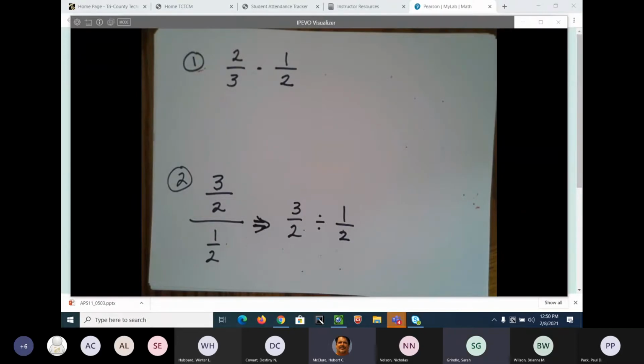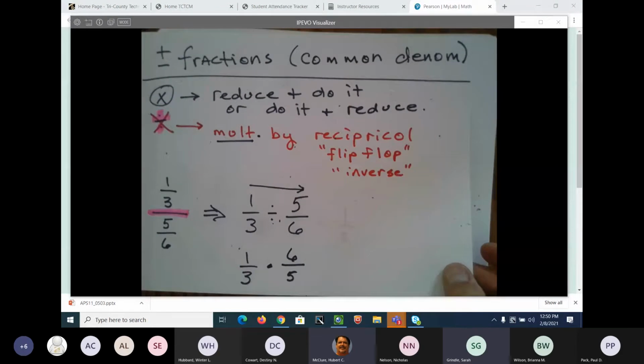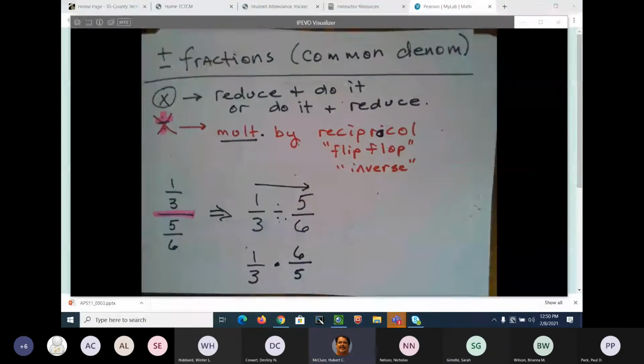Somebody wrote in chat. I got to check the chat over here also. Did I spell it wrong? It's pro. Thank you. It's pro. I knew I spelled it wrong. Recipro. I always want to put an I there. Recipro. Now I'm going to put that in my brain. Pro.